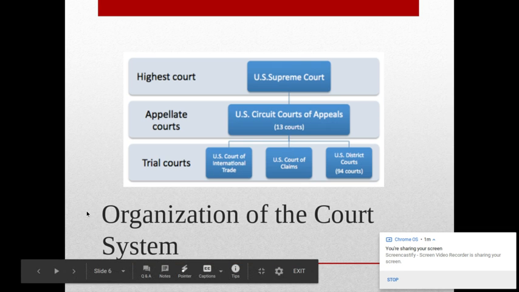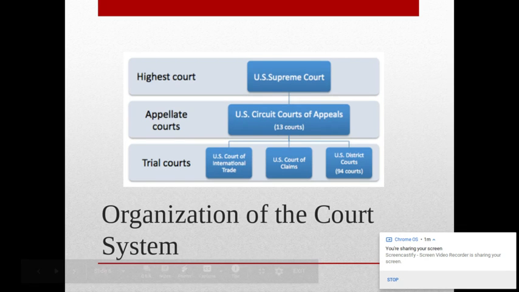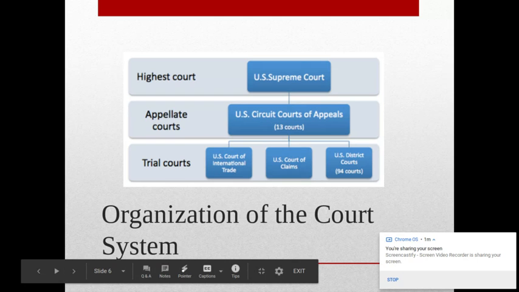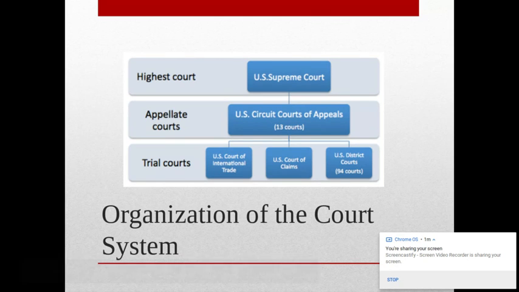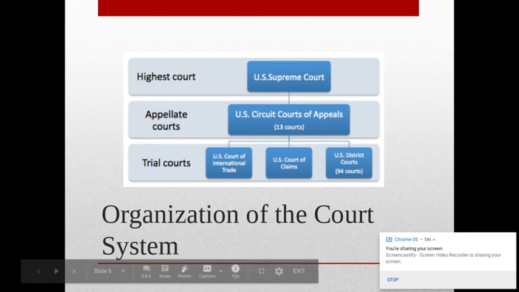Our federal court system is three-tiered, as you can see. And I tried to highlight this in the last video, but I really wanted to focus heavily on it in this video, so I kind of went through it quickly in the last one. So as you can see, there are these trial courts, and they are the bottom level of this system.